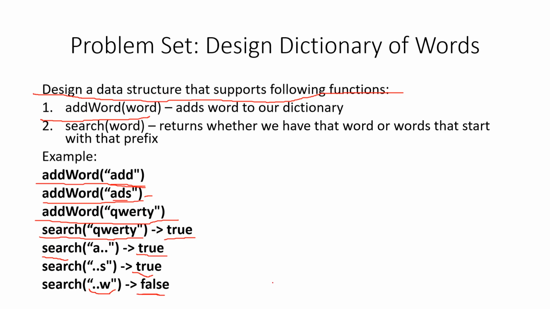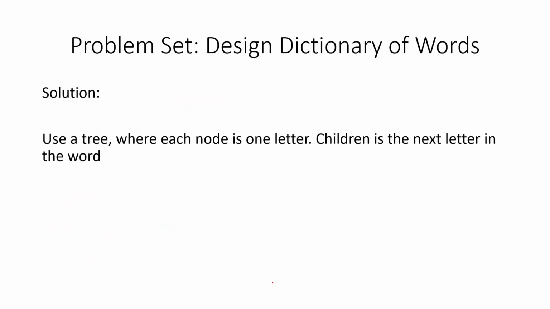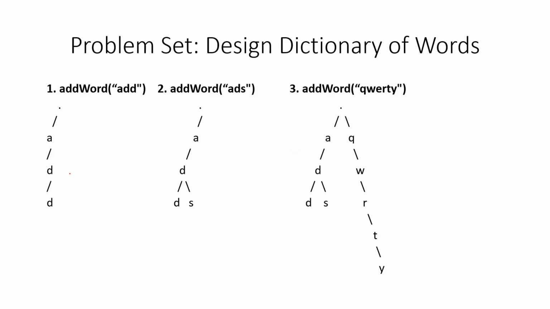In order to solve this problem, we use a tree where each node is one letter and the children are the next letter in the word. So how would it look?